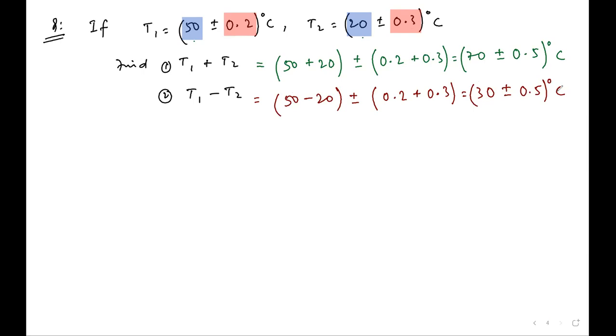Is it clear? Any doubt? Okay, just write it down.